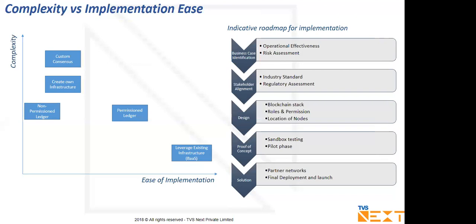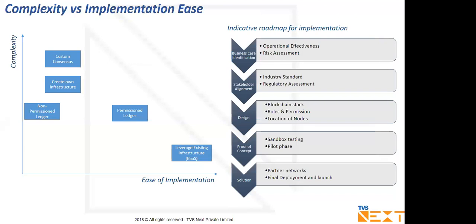And when you look at a non-permissioned ledger, the complexity is the same, but the ease of implementation is very low because of a lot of problems, such as security issues that arise from going public with the blockchain network. That is one very important pain point to look at.